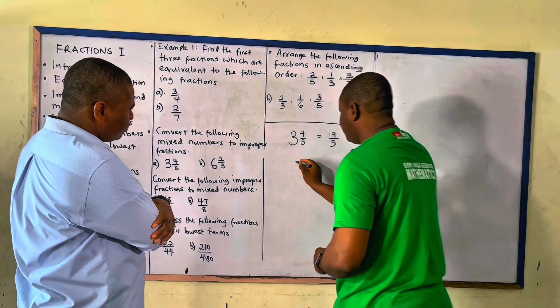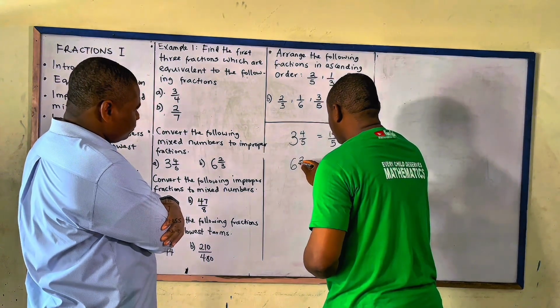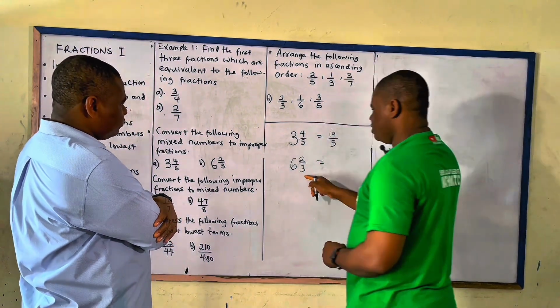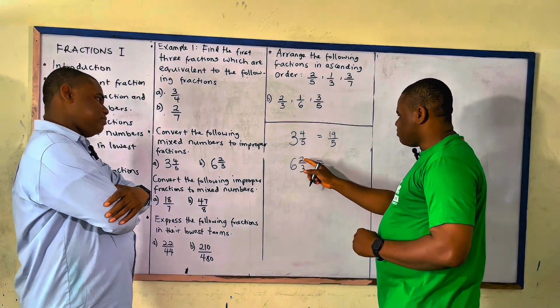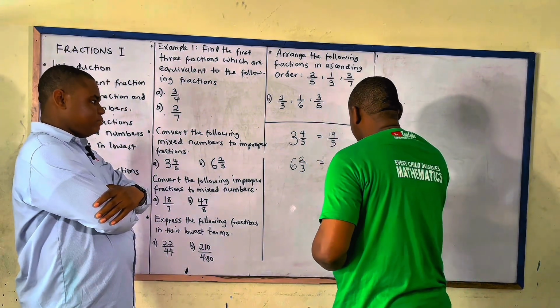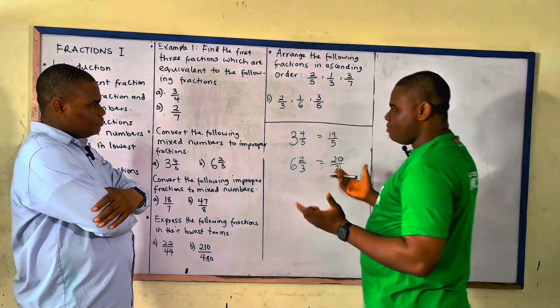For the second one, 6 whole number 2/3, same thing: 3 times 6 is 18, 18 plus 2 gives me 20/3. It's as simple as that.